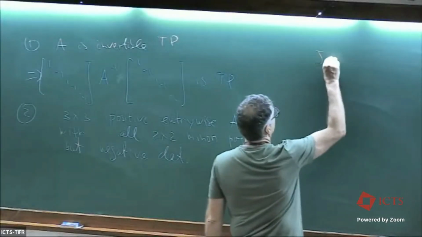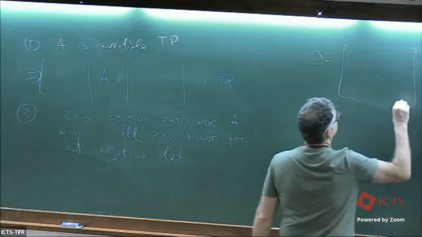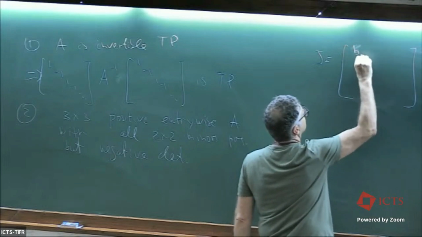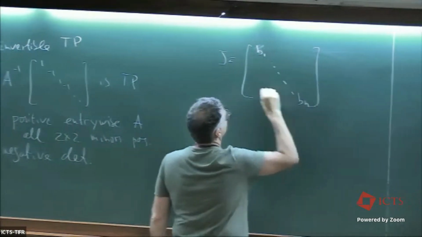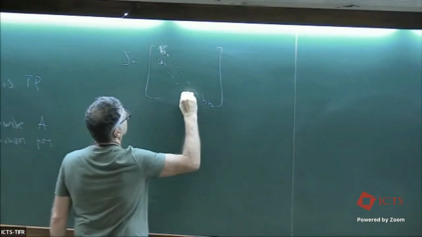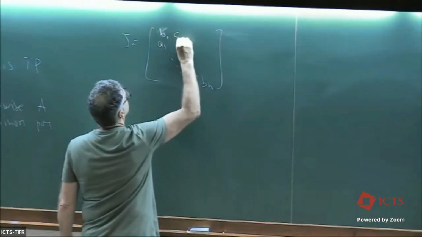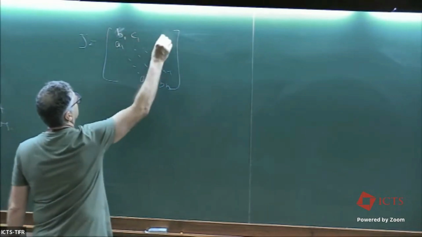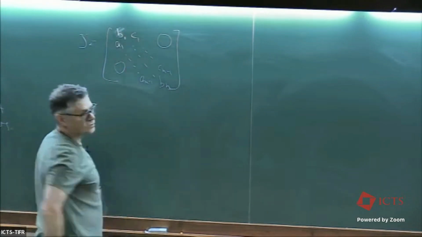We're talking about Jacobi matrices, so let me remind you what they are. I put them like this: b_1 through b_n on the diagonal, with a_1 through a_{n-1} and c_1 through c_{n-1} off the diagonal, and we immediately assume that all the entries are positive.